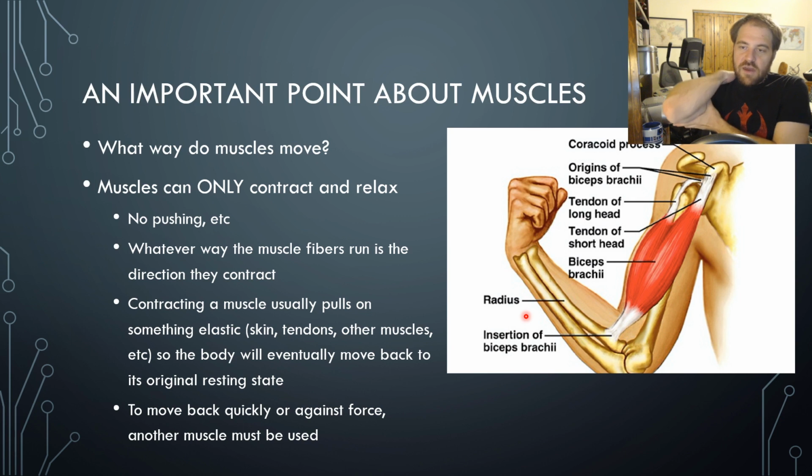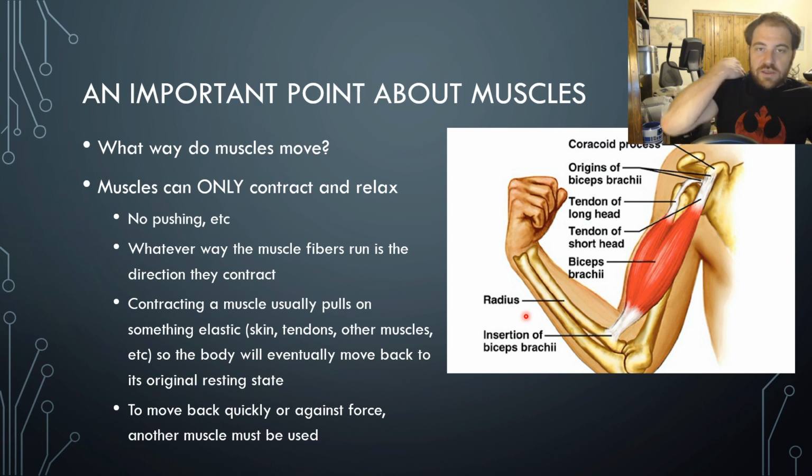So if everything relaxed, even these muscles back here that are the ones that pull this out quickly, if everything's relaxed, my arm is still going to want to kind of flop back out to where it was because of these elastic forces that are being pulled. When I pull up like this, the skin and everything is being pulled on, so it's going to want to go back to an equilibrium point.